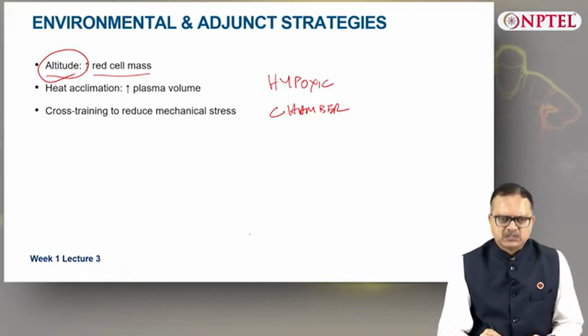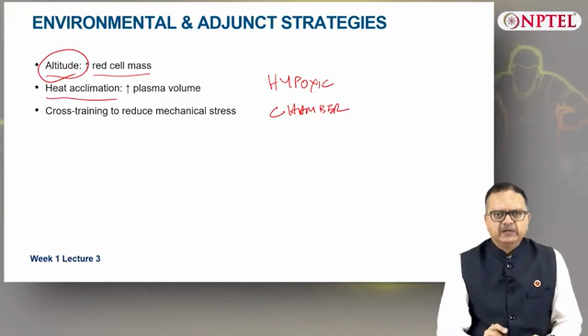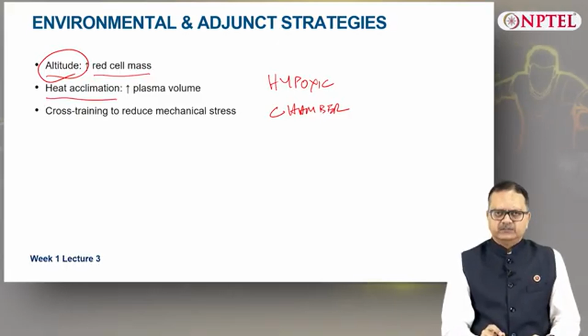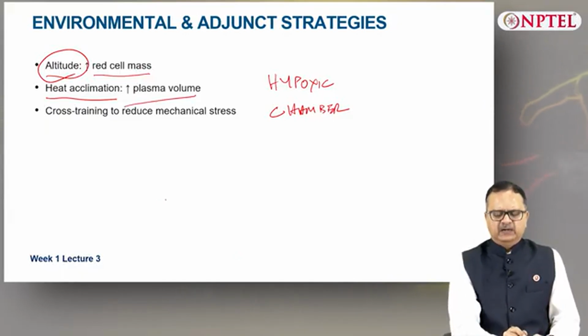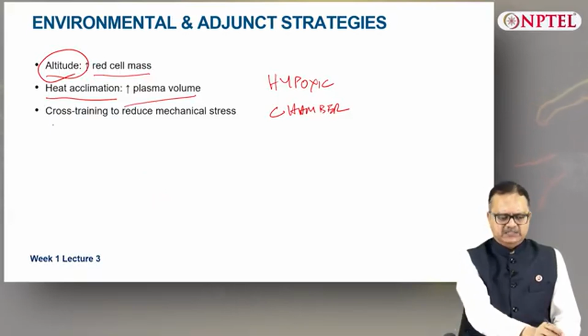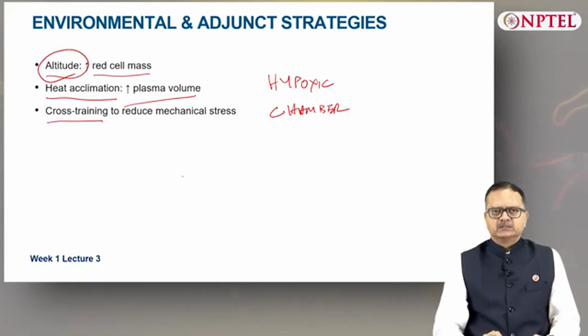We must also do something called heat acclimatization if the event which the athlete is preparing for is going to be held in a hot climatic area. This will increase the plasma volume. And please understand that you must do cross training to reduce mechanical stress.